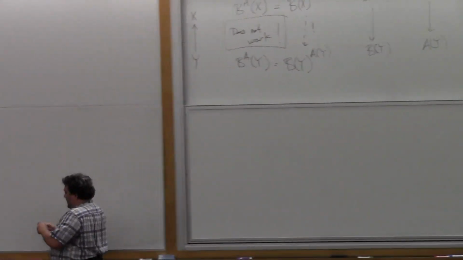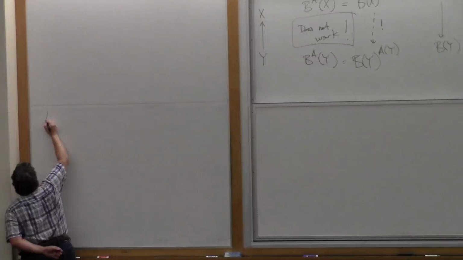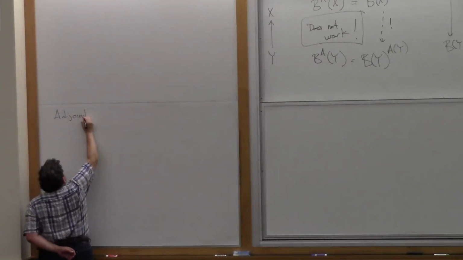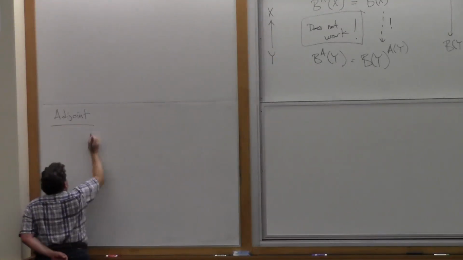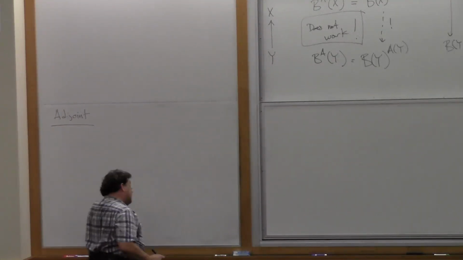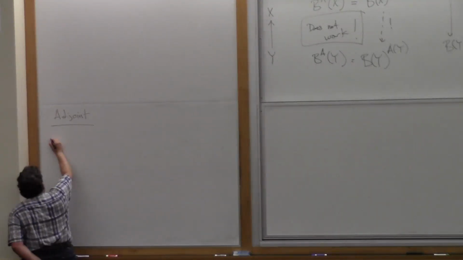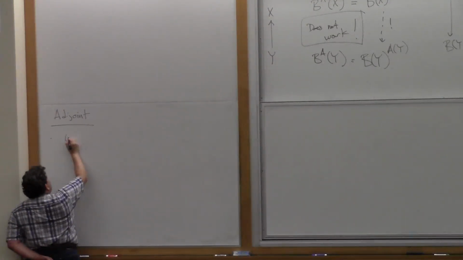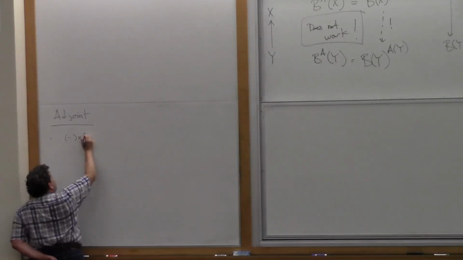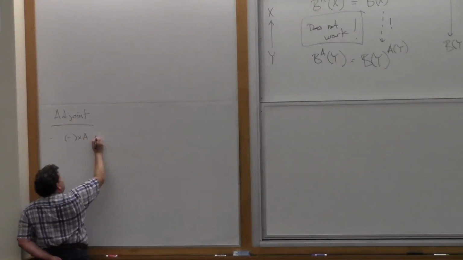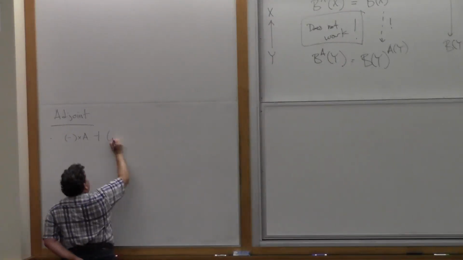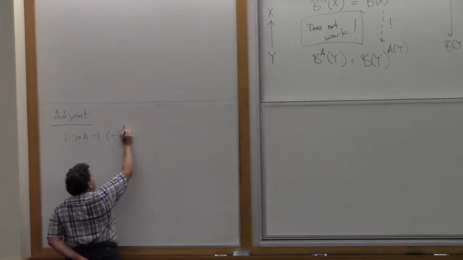Let me just give you a couple of logical examples, which I hope to be able in the next few minutes to at least sketch. So one example of an adjunction is the adjunction between taking the product with something versus, this is how it's written, I'll explain it in a minute, versus taking the exponent by something.